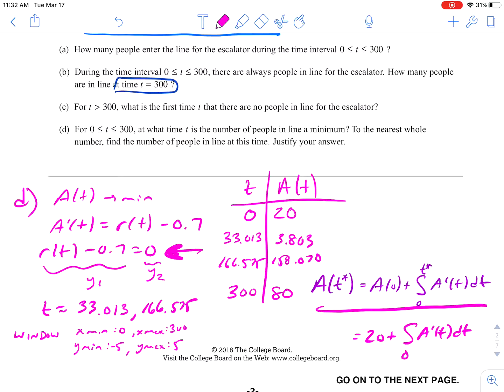Now we can see that of all these critical points, the minimum occurs at this time value and is, to the nearest number of people, 4. The way they gave points was setting R of t minus 0.7, or A prime of t, equal to 0, finding the times 33 and change, 166 and change, getting the answer of approximately 4 people.